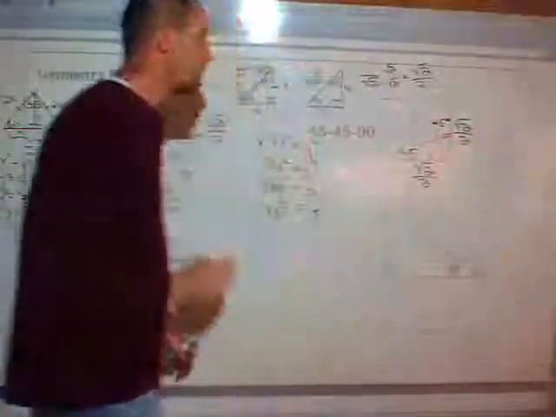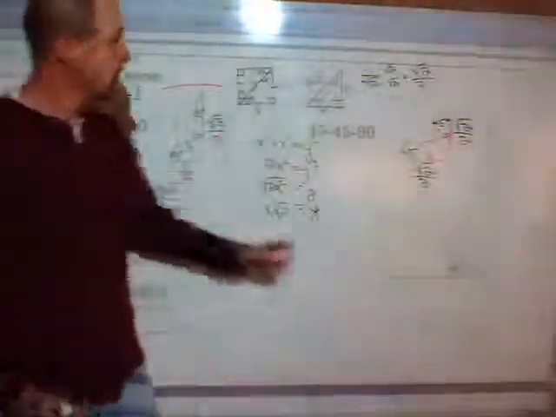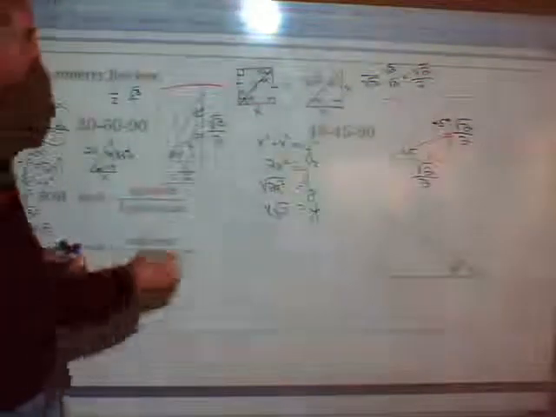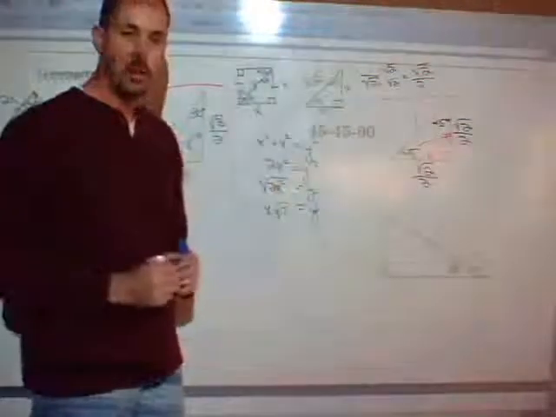So you need to know those pieces of information. 30 gets you a half, 60 gets you square root of 3 over 2, and a 45 gets you square root of 2 over 2. You need to know that, and you just need to memorize that because we're going to be using that a whole lot. As far as where those measurements came from, this is what you learned in geometry. You don't need to know that for now. Just need to be able to use this piece of information there.